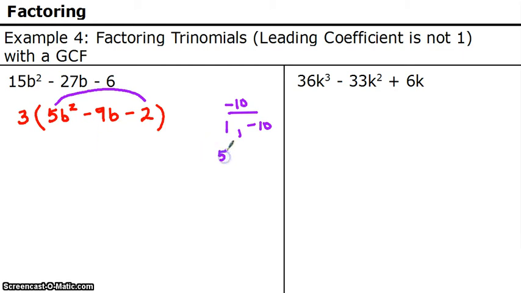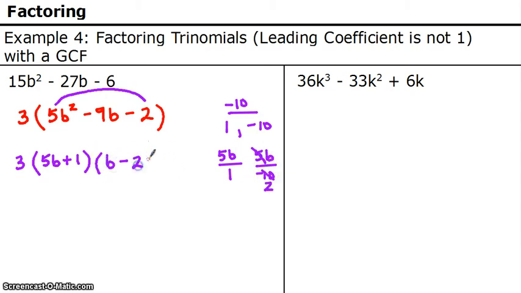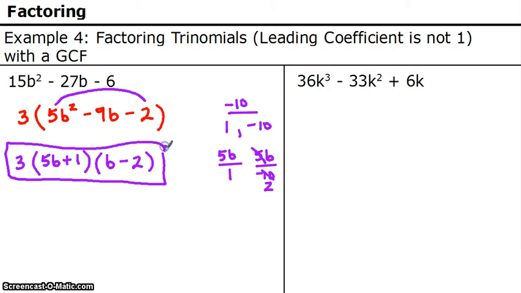All right, so 5b over 1 and 5b over negative 10. 5b over 1 does not reduce, so that's 5b plus 1. 5b over negative 10 does reduce, so the 5 cancels, and the negative 10 becomes a negative 2. b minus 2. All right, again, try this one on your own and come back, see if you got it right.